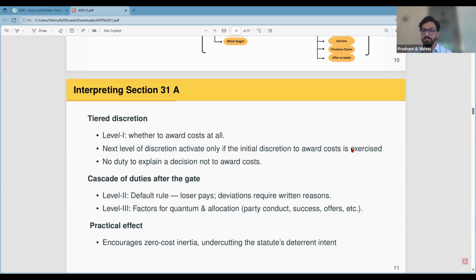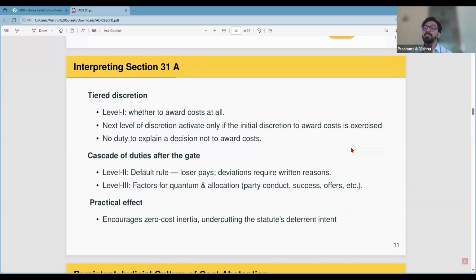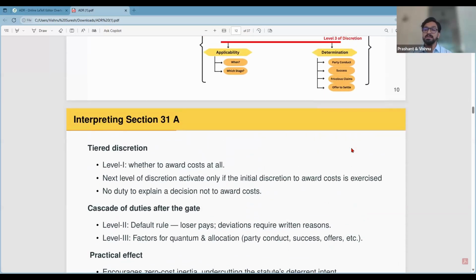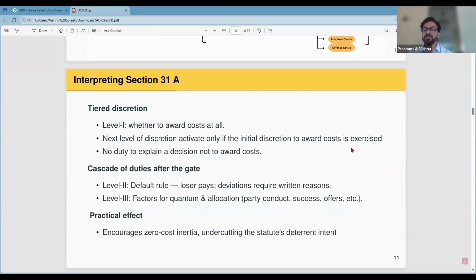Deviation requires written reasons. And level 3 includes the factors to be considered for the quantum or allocation. What is the practical effect of these three tiers of discretion? It essentially results in zero cost inertia and effectively undercuts the statute's intent.